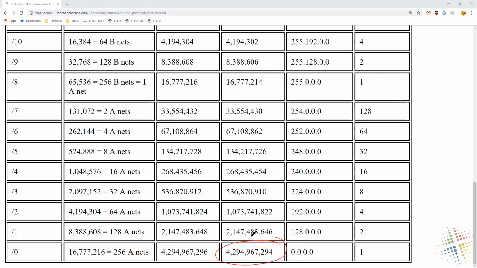Maybe not quite 4 billion, but maybe 4 million. And so I can work this out to be any size I might possibly want. And then I can use the subnet mask in order to determine if something is on the same network as me or not.